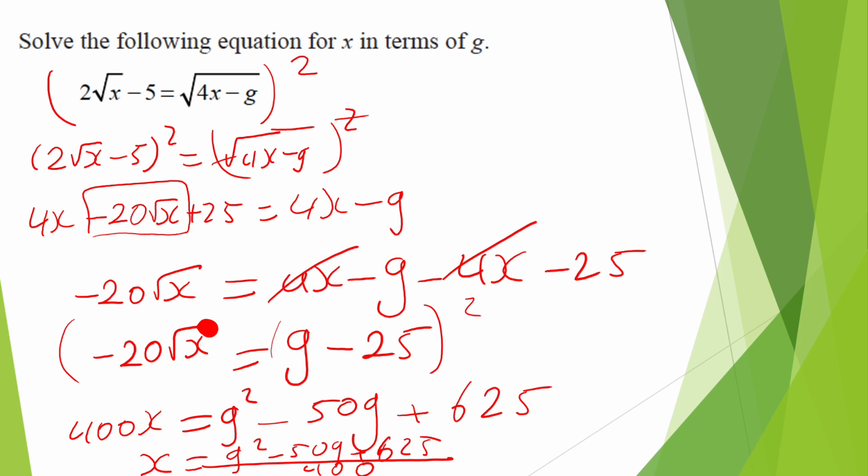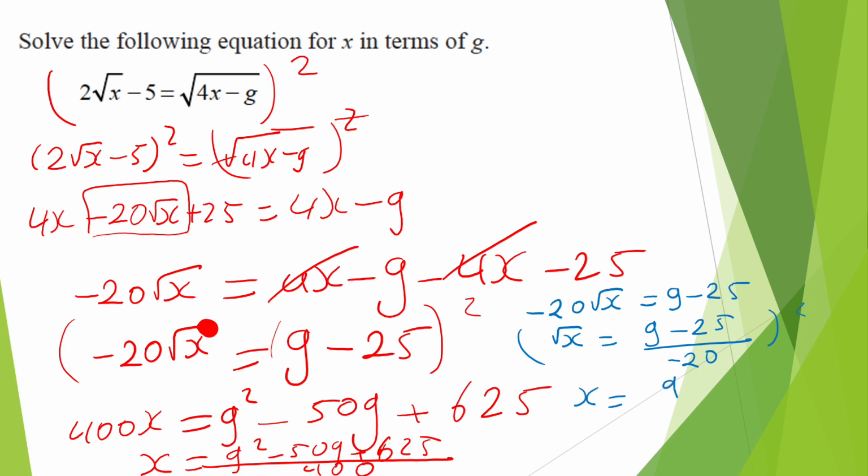You can even, if you want, rearrange from this step here. So I'm going to do it in blue the other way. Once you've reached this step here, you can rearrange to keep the square root of x on one side, and you can write this like that. And now you square both sides, so you'll end up with x equals (g minus 25) over negative 20, all squared.